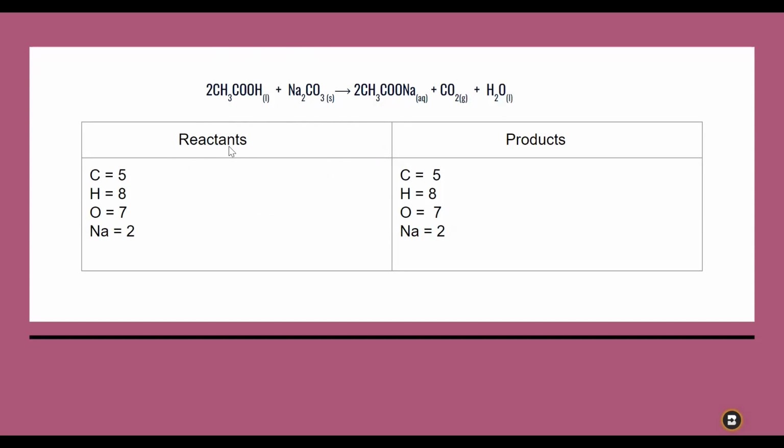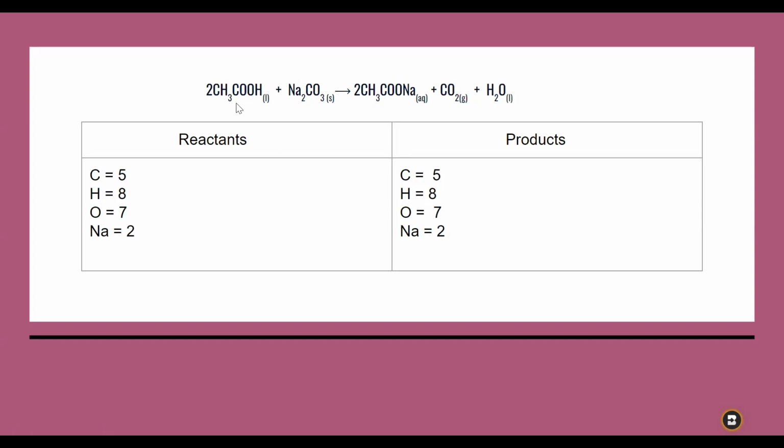Look at the reactants here. Carbon, you count, this is carbon, this is carbon, this is carbon, but remember there's 2 here. If you do it correctly, you get 5. Then this is carbon here, this is carbon. If you add it up correctly, it will give you this. Remember, coefficient means there are 2 sets of this, in case you forgot.